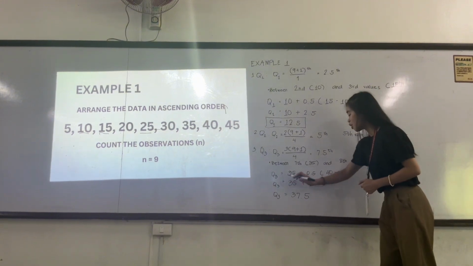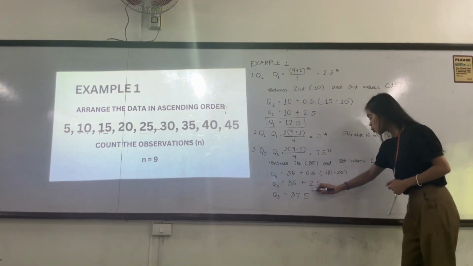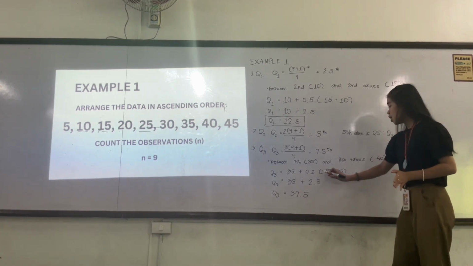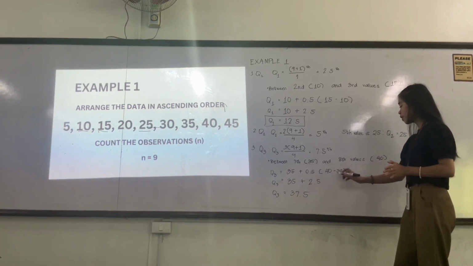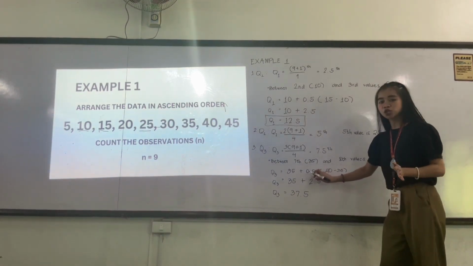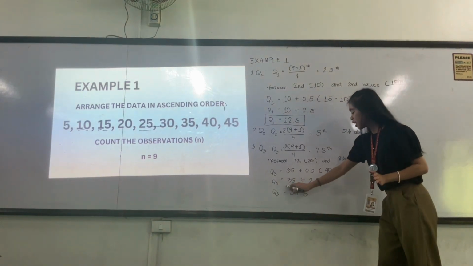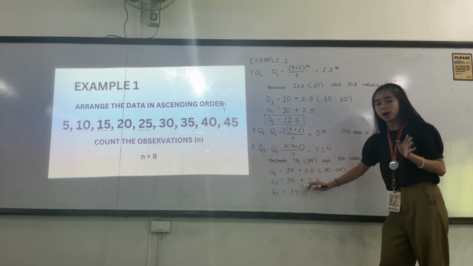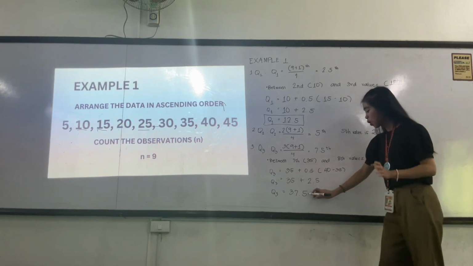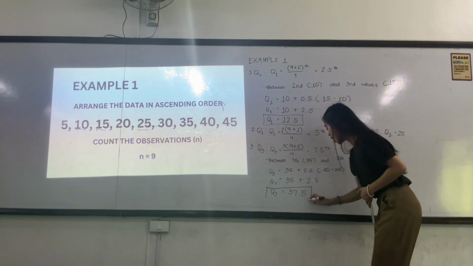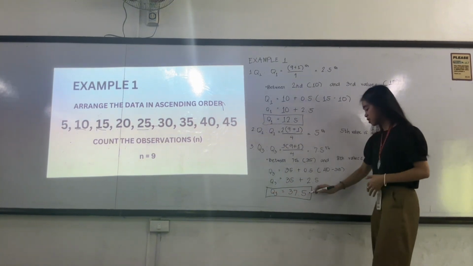So we now have 35 plus 2.5. If you ask where we got the 2.5, we have 40 minus 35 times 0.5, so we have 2.5. Next we add 35 plus 2.5, which equals 37.5. So we already have our quartile 3 value.